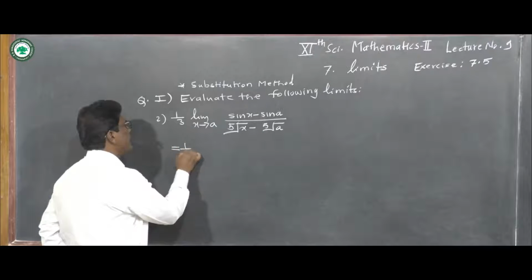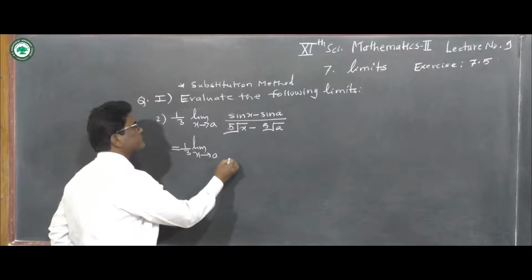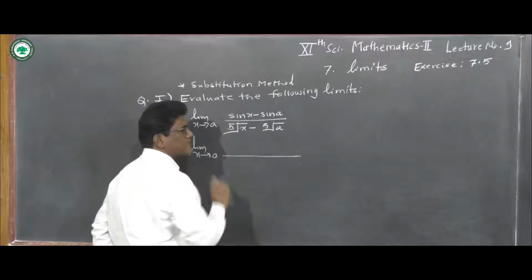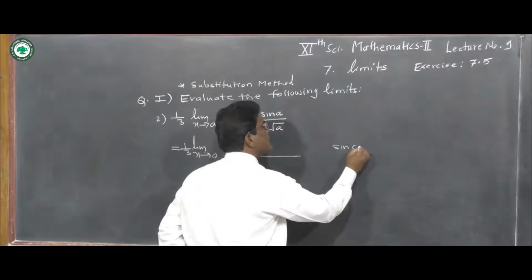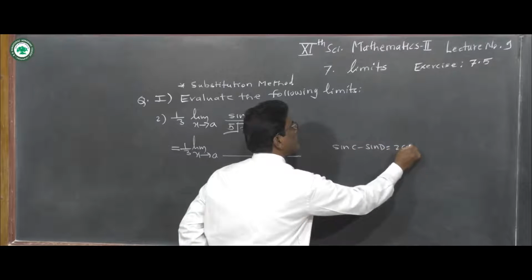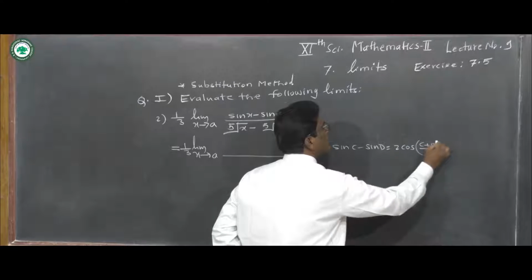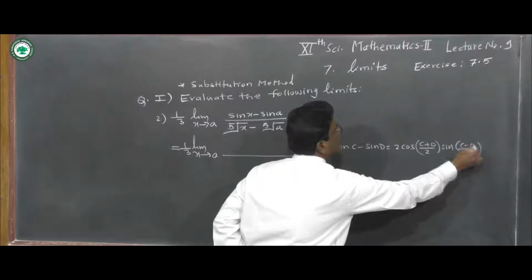1 upon 3 limit as x tends to a. Now in the numerator, here sin x minus sin a. We have seen the formula sin c minus sin d is equal to 2 times cos of c plus d divided by 2 into sin of c minus d divided by 2.